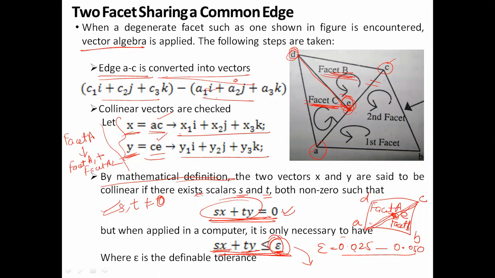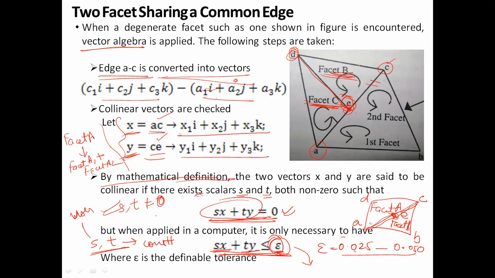Secondly, for one single part or one single STL file, the values of S and T are going to be constant, and they are to be defined by the user. You cannot go on changing the values of S and T for each and every facet, because you might have 10 to 15,000 facets.